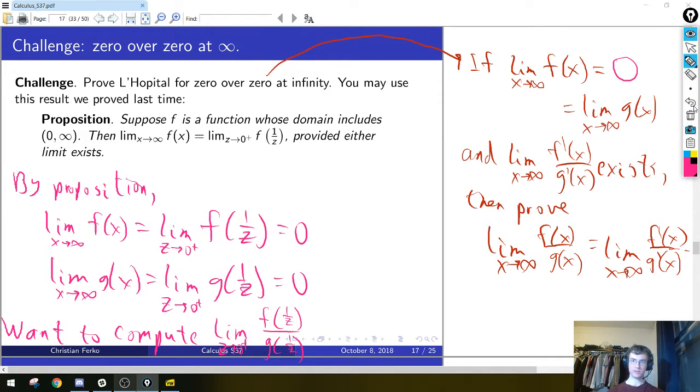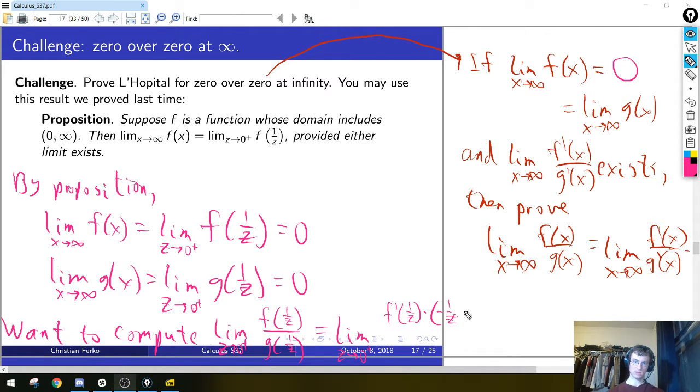So what does vanilla L'Hopital tell us? This is going to be equal to the derivative, and in this case, by the chain rule, we're going to have f prime of 1 over z times, trying to remember, over negative z squared.